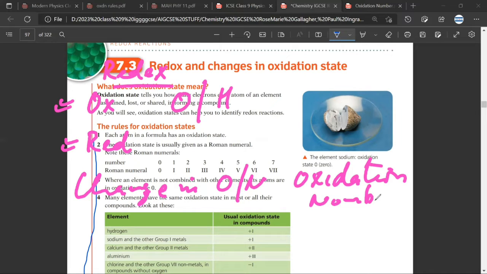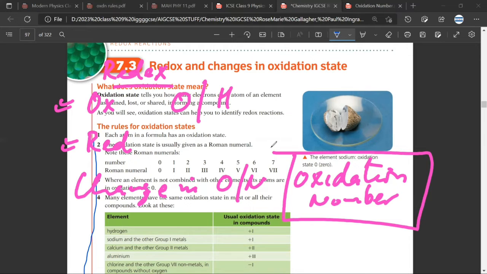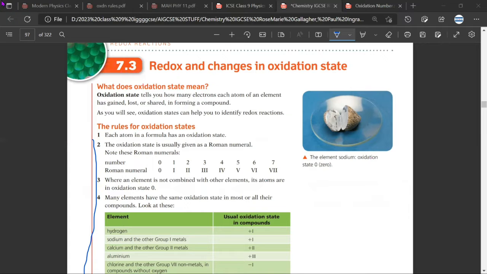Now before we understand what are the changes in oxidation number, we will have to understand what are oxidation numbers. And for understanding oxidation numbers, there are a few very simple rules. We will do a lot of practice questions, don't worry.